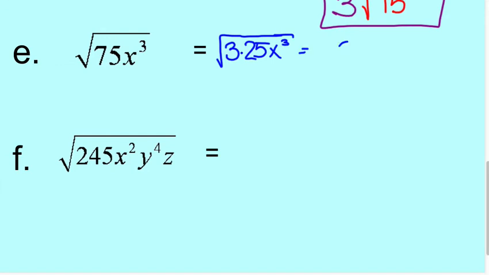Then I can break down 25 as 5 times 5, and I can break apart x cubed as x squared and an x. Why I'm breaking it down into powers of 2 is because my index is a 2. Oops, that should be a 5 squared here.